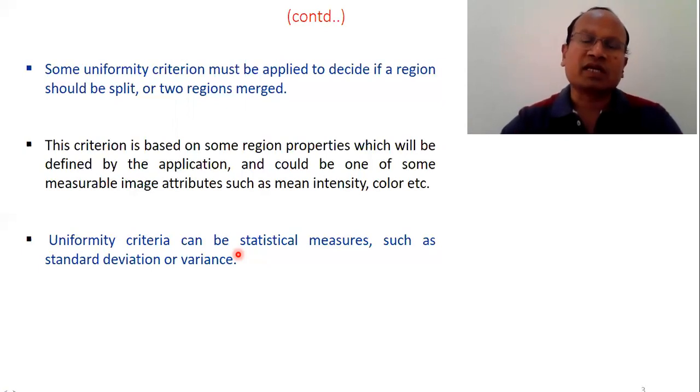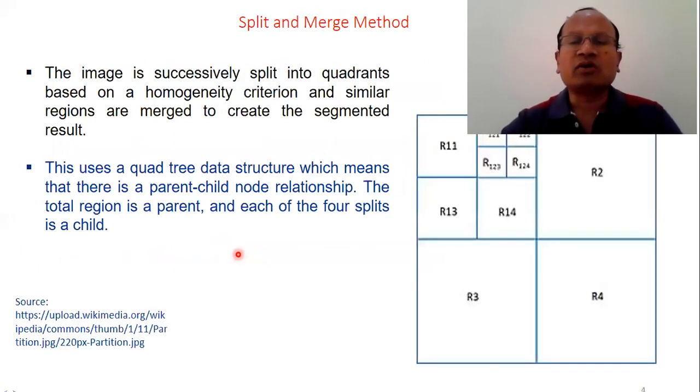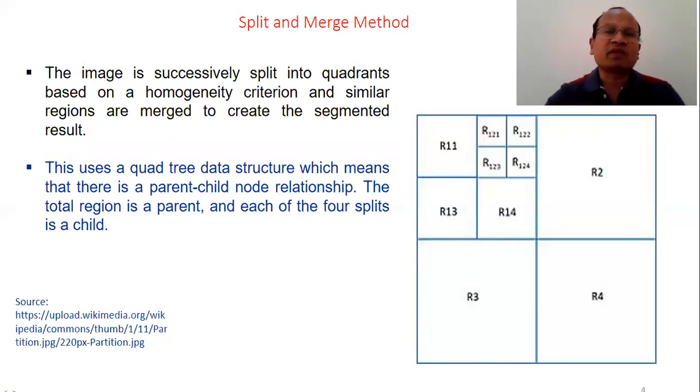If the criterion is satisfied, we will merge and connect that particular area. Whatever we discussed now is the general theory which applies to all region-based methods. The condition for uniformity, the criterion to check uniformity, the features, the properties, and some statistical measures are common in all region-based methods. Now comes the topic of this lecture, which is the split and merge method.